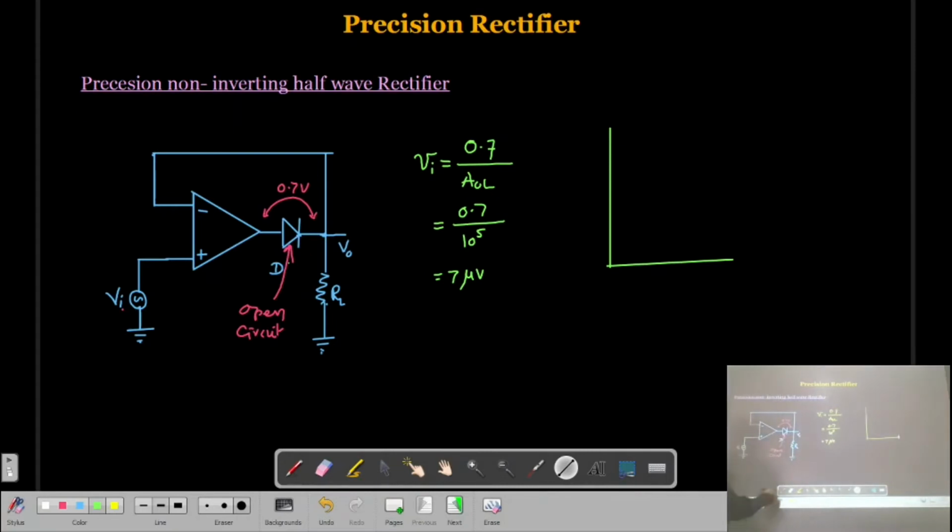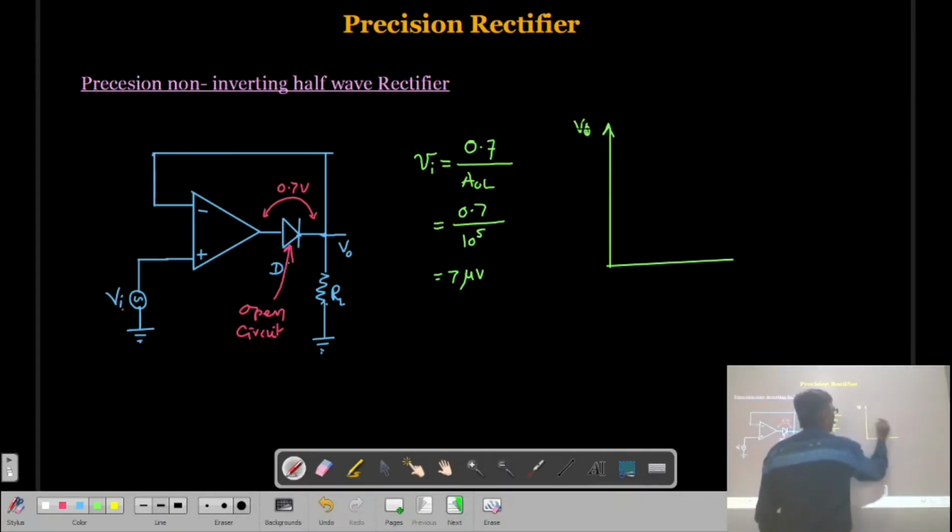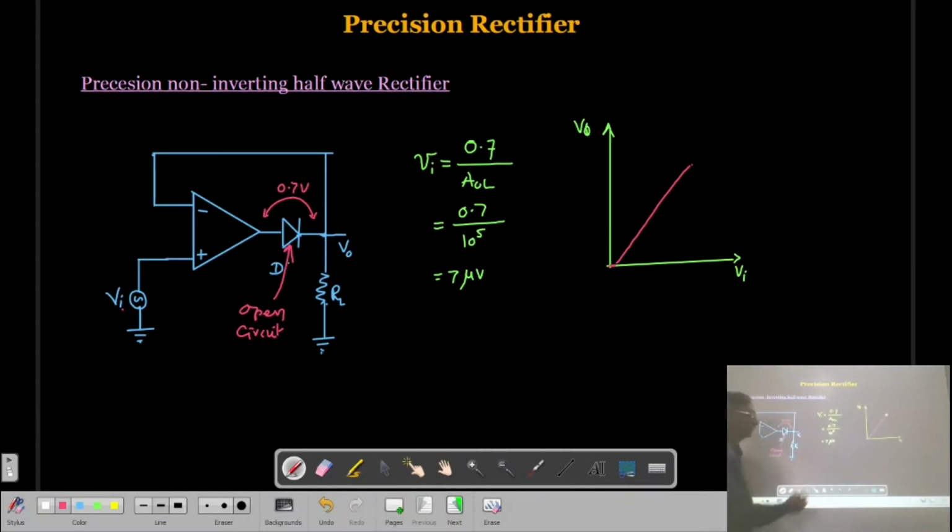We have the input voltage and the output voltage, and if we plot this, then this cut-in voltage here is very small, almost negligible, and we have this transfer characteristic. So this part is 7 microvolt. We can neglect this, almost consider it 0.